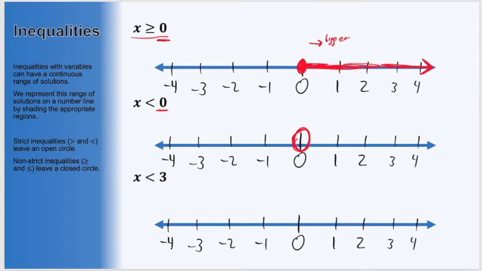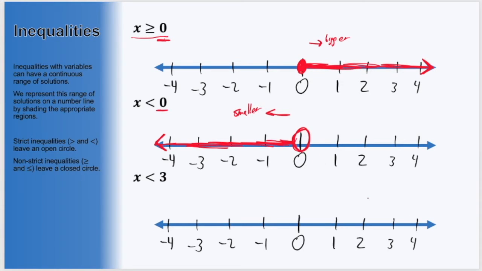Then from there, we'll be shading in the appropriate direction. If we want numbers less than 0, we want the numbers that are smaller than 0, which on our number line are to the left. So for our numbers less than 0, we'll shade everything to the left of that open circle, leaving an arrow to indicate we're going to keep on going forever.